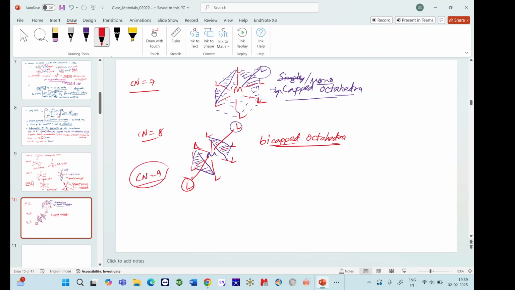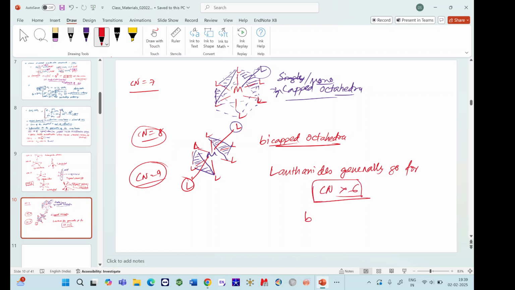Mostly if you see the lanthanide ions, which are very big in size, they actually go for coordination numbers more than 6, because they are bigger in size, they can accommodate more ligands. This was the preliminary idea.